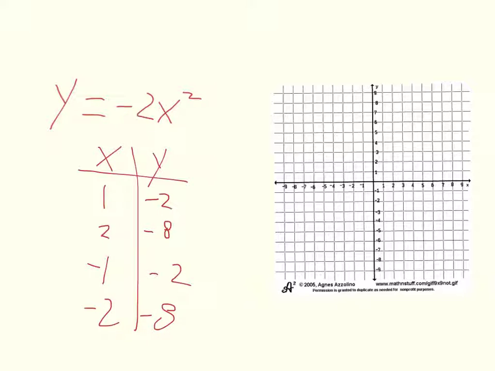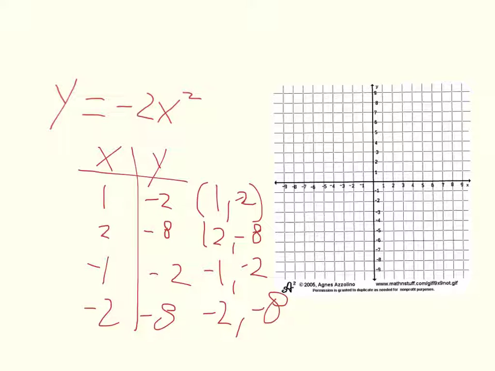Now forgive me about how I draw this graph, but we're going to fix the points on here. So these are our points: 1 and -2, and 2 and -8, -1 and -2, and -2 and -8.